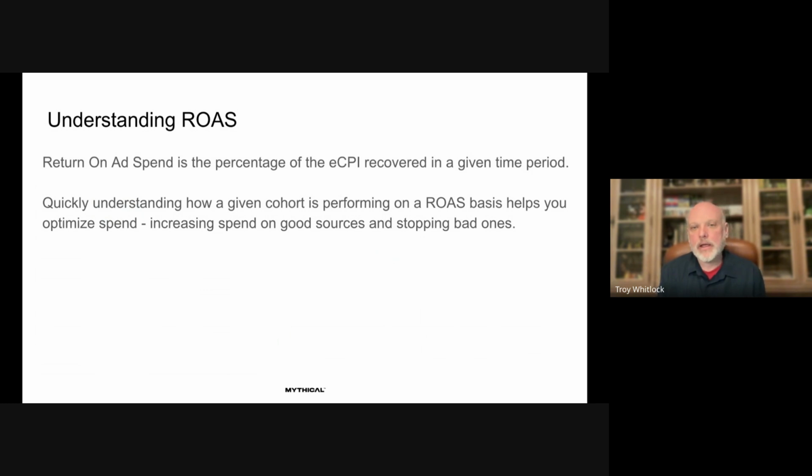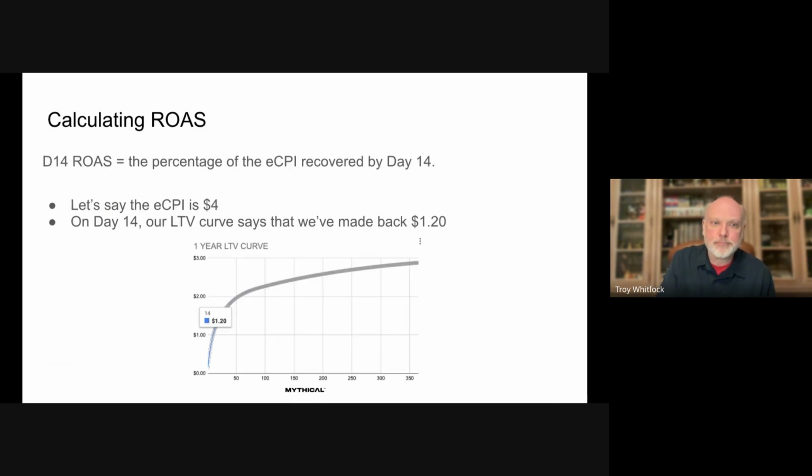Understanding how we're mapping against our ROAS targets gives us a sense for the trajectory of that LTV curve, and allows you to make very quick decisions about a given install source or install campaign. Understanding your performance on a cohort basis can help you increase spend on a good source or a good ad campaign, and stop spending on a bad source or a bad campaign.